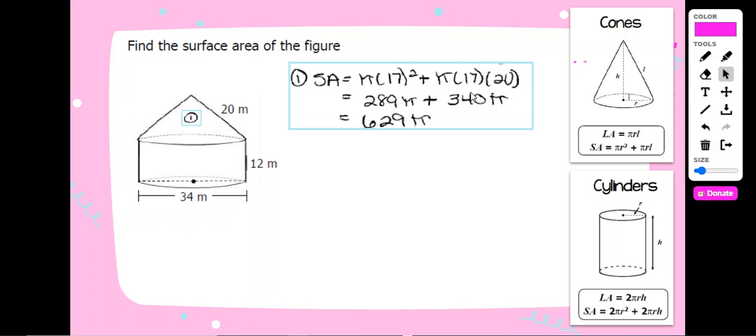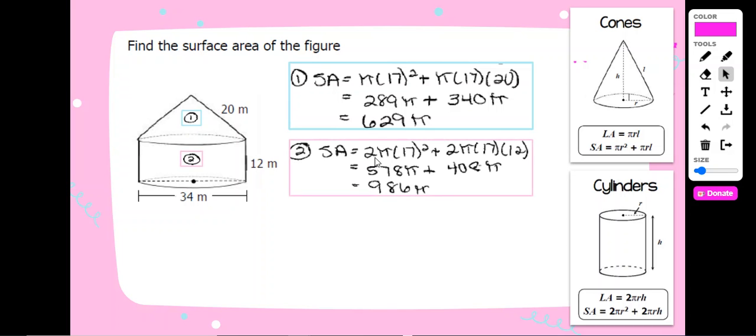Okay? We're also going to want to find the area of the cylinder. We can break that off into its own shape, using a slightly different formula, with the same radius and a height of 12.